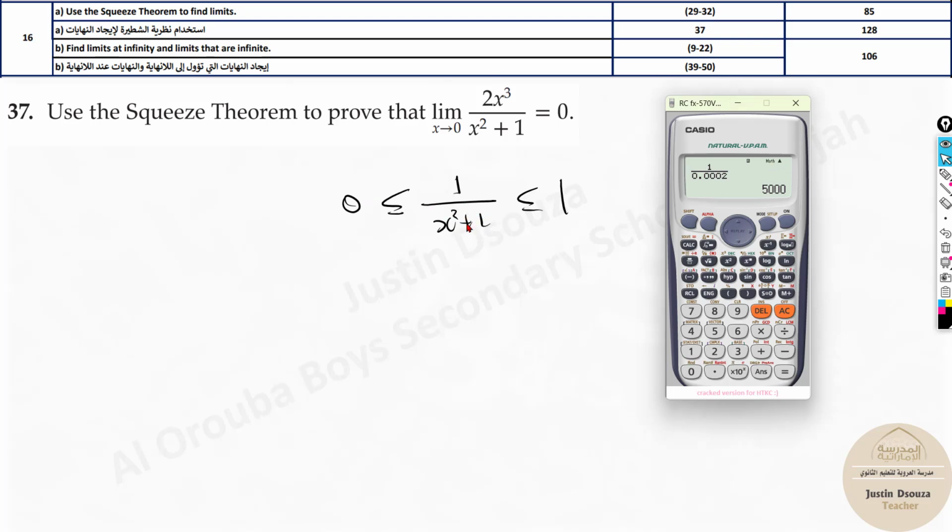It's x squared plus 1, so even if we take a very small number, since you're adding that small number to 1, it will be 1 point something. So it will be very close to 1 itself. It can never ever exceed 1.